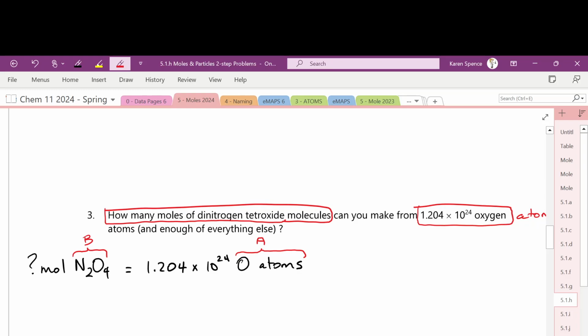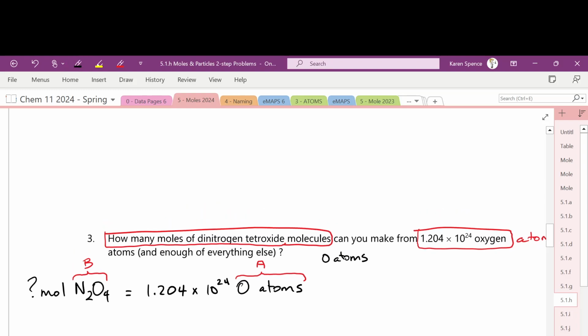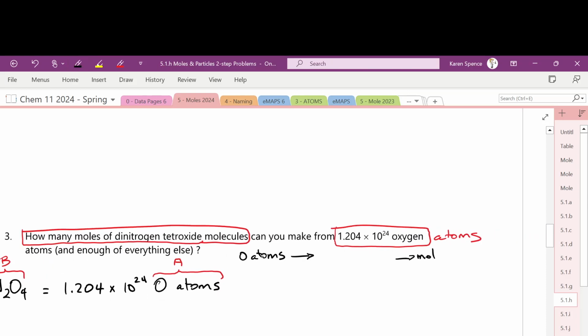Can I go from the number of particles A to the moles of particle B in one step? No. What do I need to change O atoms into? Eventually I want to end up with moles of N2O4.